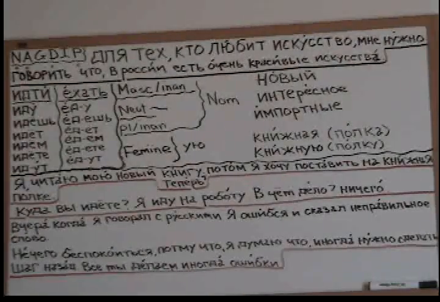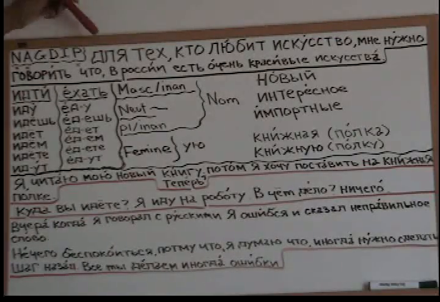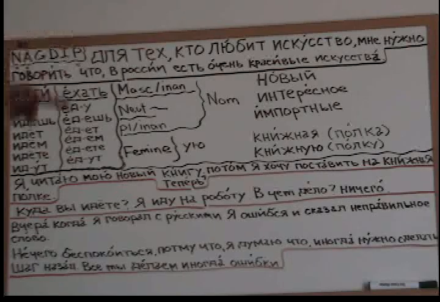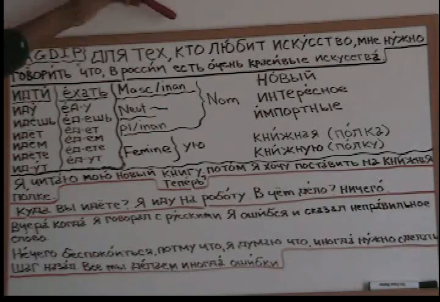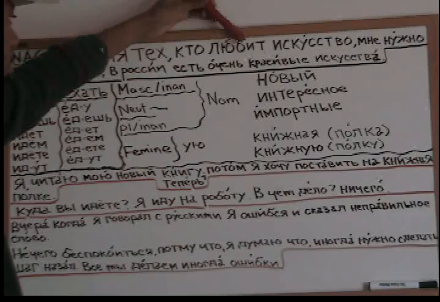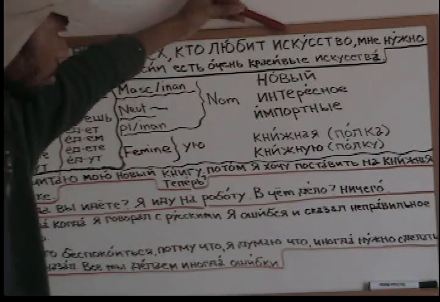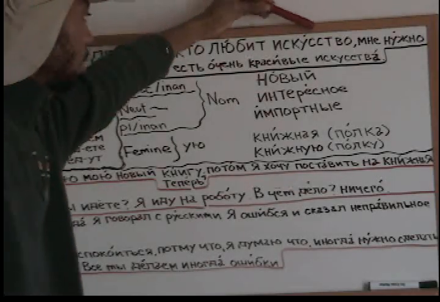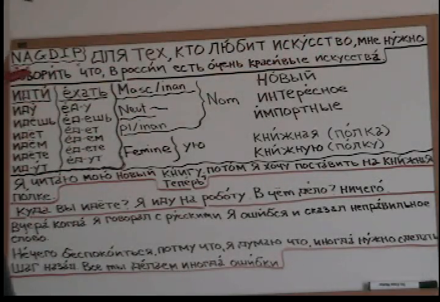So first of all, in my first sentence here, let's see what we got practice with. Любит, so that's a tense. We talked about tenses before. Искусство, this is art. This is neuter. Говорить, this is the infinitive, to speak or say.